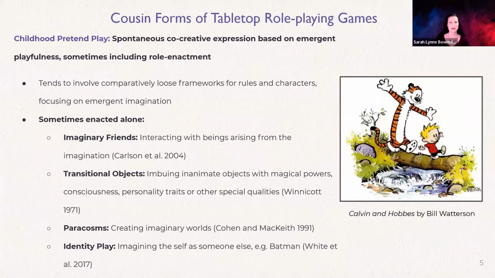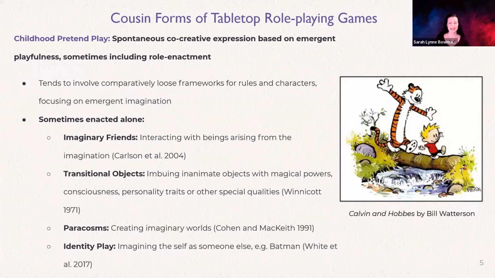It tends to involve comparatively loose frameworks for rules and characters, and it instead focuses on emergent imagination, so whatever comes to mind at the time. It's sometimes enacted alone. For example, having an imaginary friend, interacting with a being that arises from our imagination.